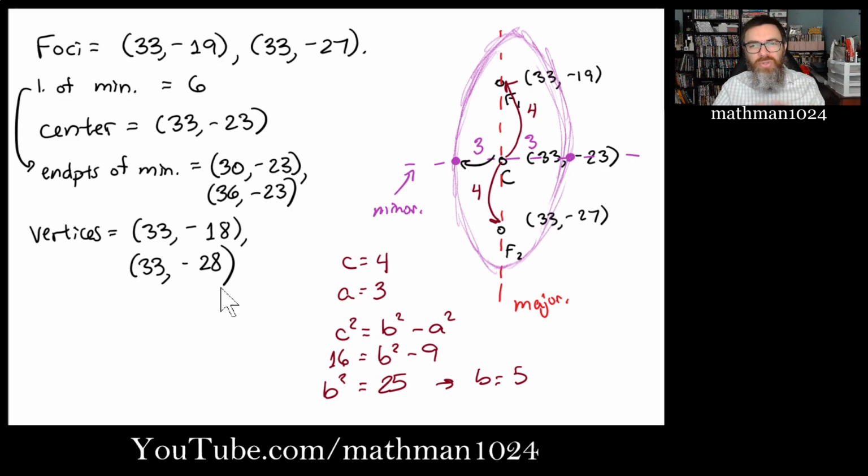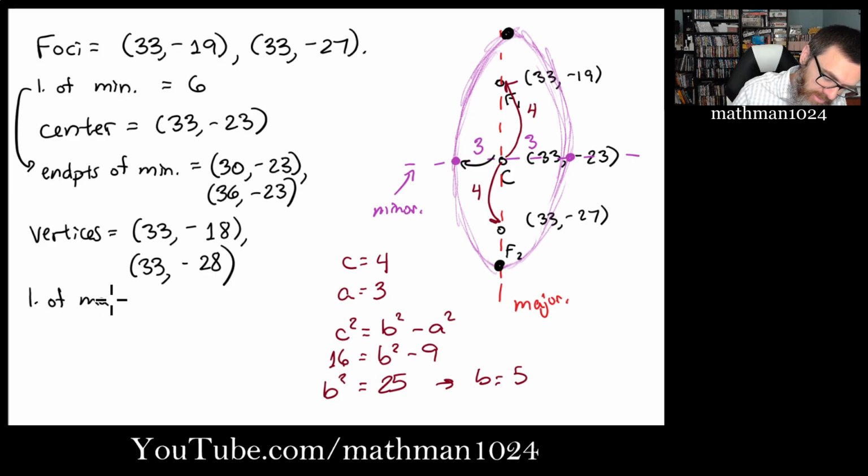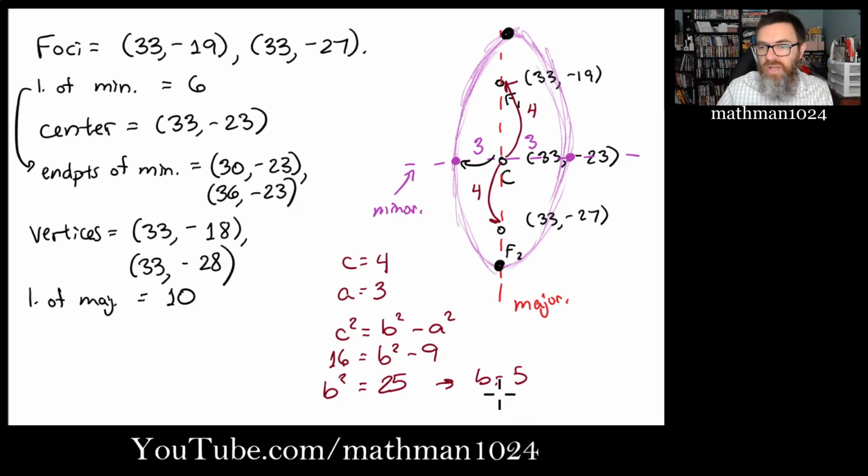So I hope that you can see how that matches up with things. So my vertices are going to be just above and below your foci, which means that the length of the major axis is going to be 10, because B is 5, double that, you get 10. And really we can pick off from this picture the domain.